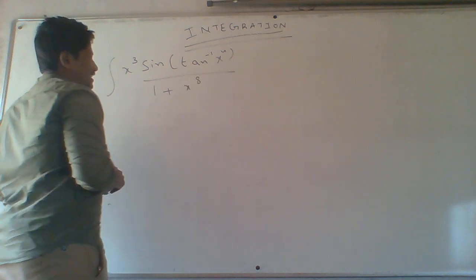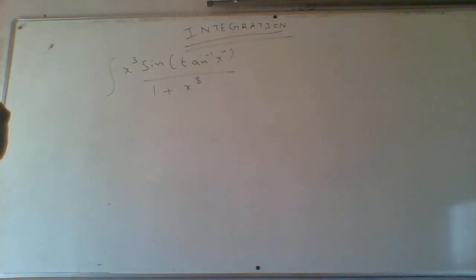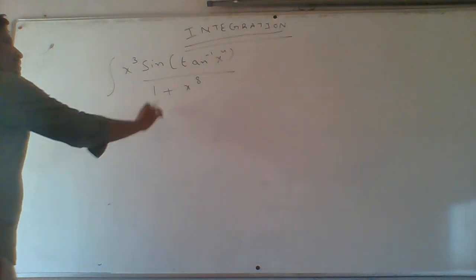It looks complicated, but it is very easy. See here, x cube sine of tan inverse x power 4 by 1 plus x power 8.